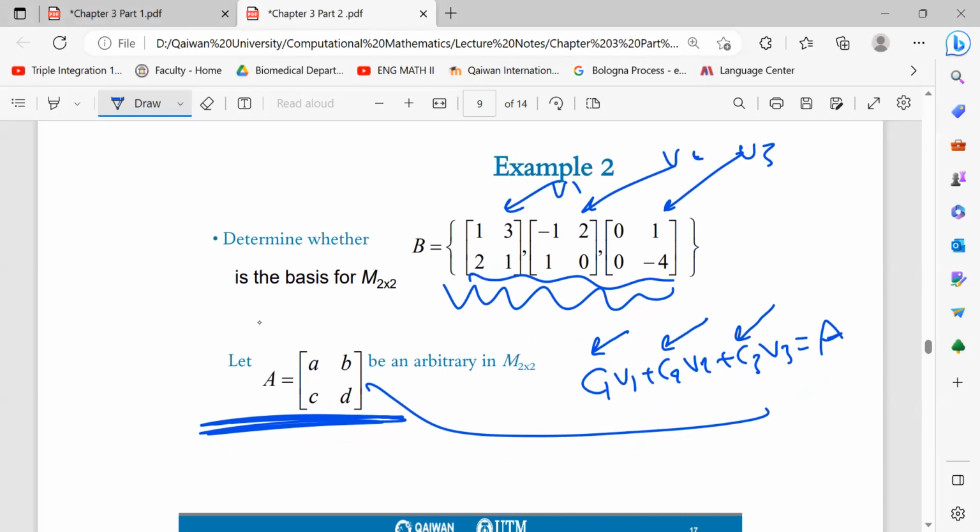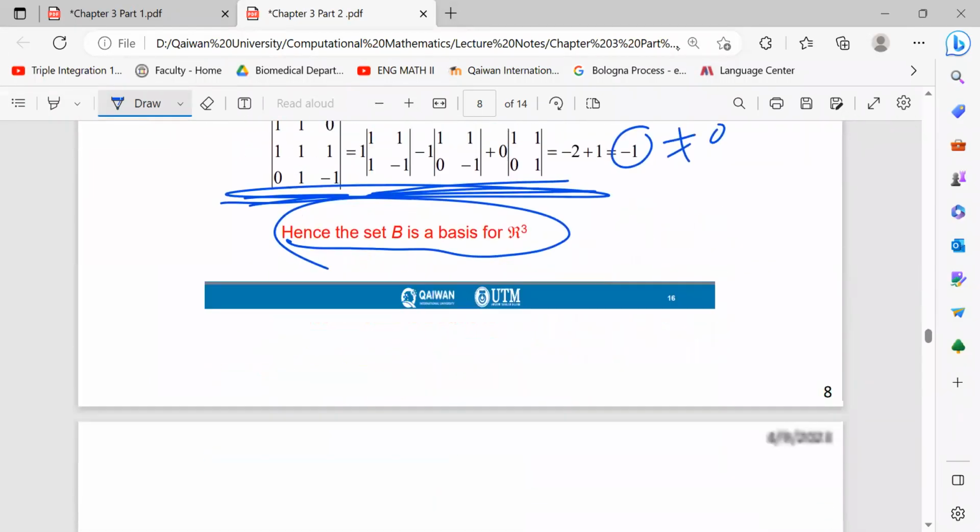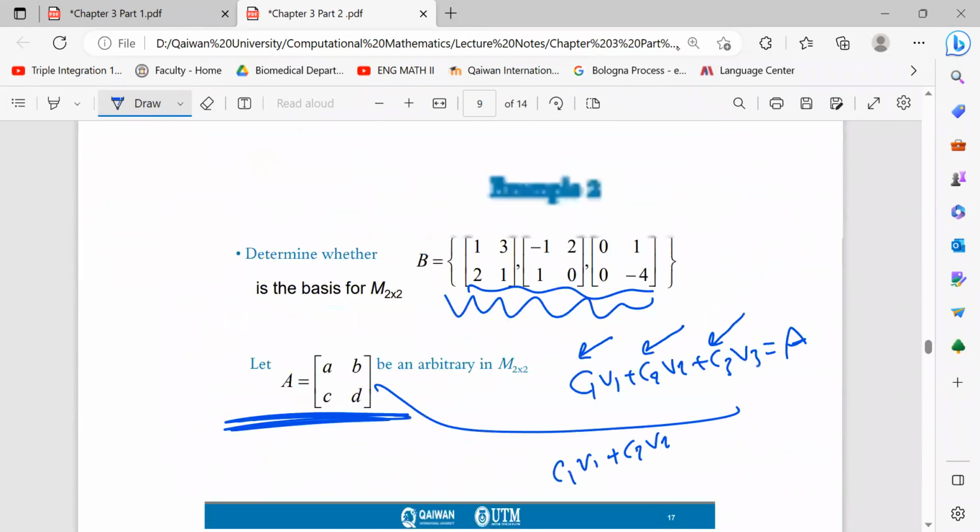And in the second condition, it's what we talked about.